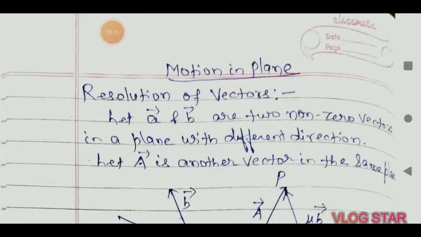Earlier, we have seen how we can add two vectors, whether geometrically or by the triangle law or parallelogram law of vector addition. Just like addition, we can also resolve a given vector into a number of components.